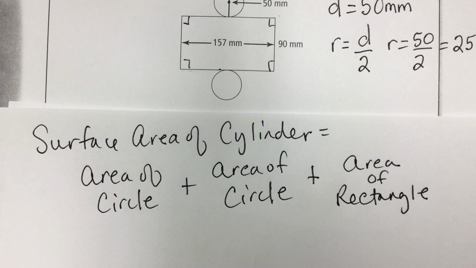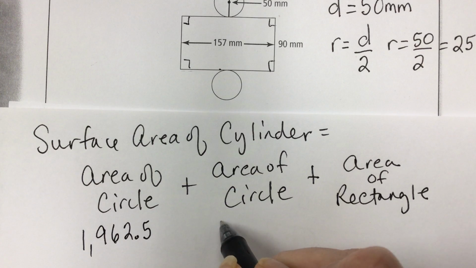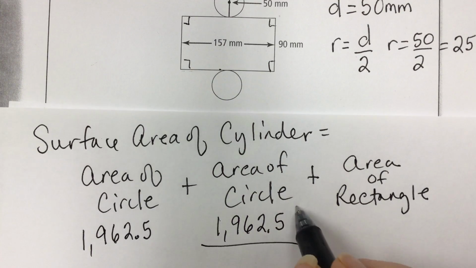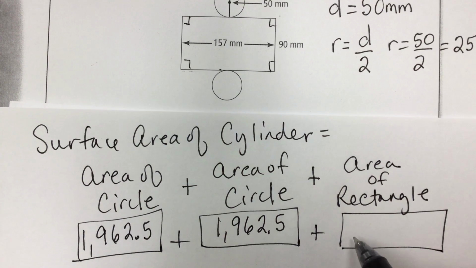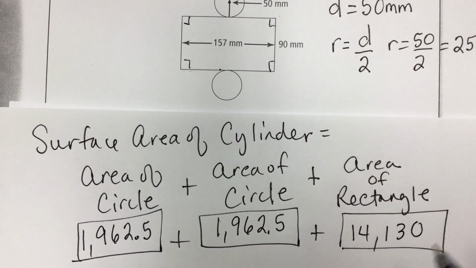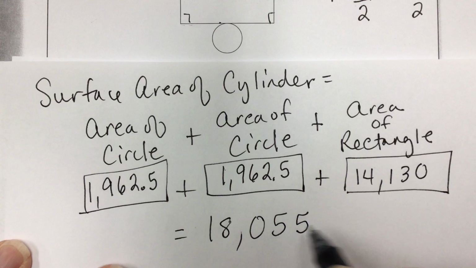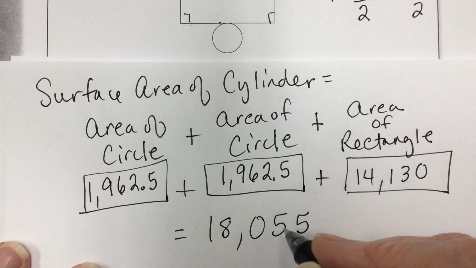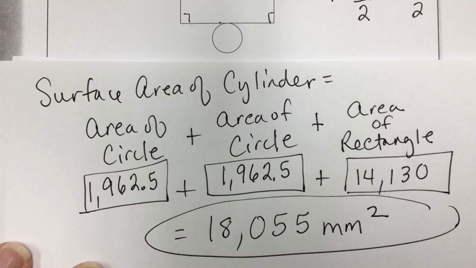We found the area of the circle to be 1,962.5, and our two bases are the same value. So I'm going to write that down twice, add those together, plus the area of the rectangle we found to be 14,130. When you add those together, we get 18,055. Therefore, the surface area of the cylinder is about 18,055 millimeters squared. Area and surface area units are squared.